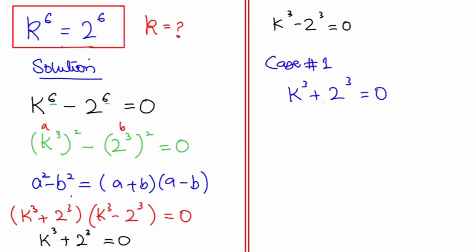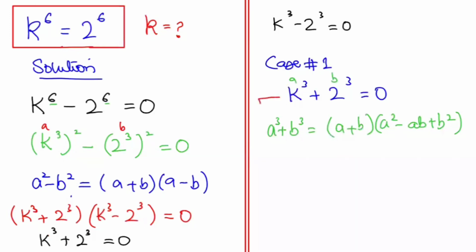And here I'm going to apply the algebraic identity, that is a cube plus b cube is equal to (a plus b)(a square minus ab plus b square). So this is our a and this is our b.